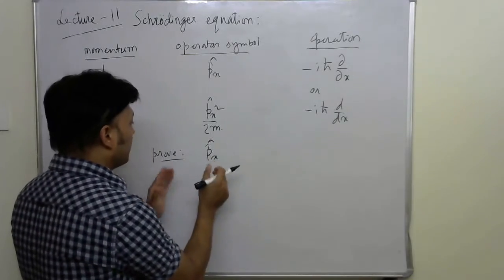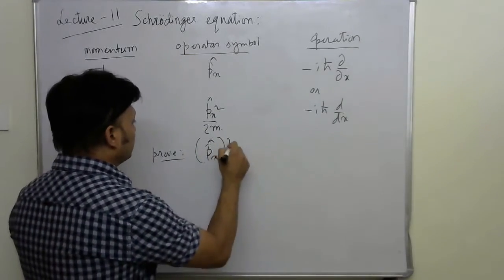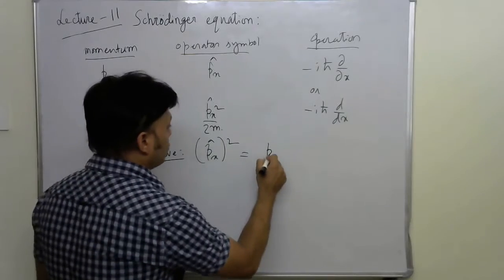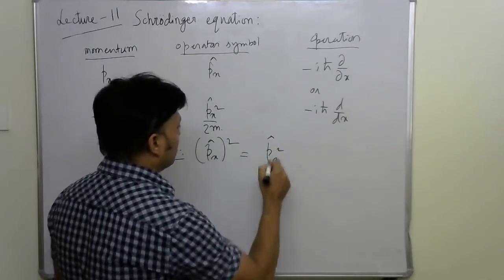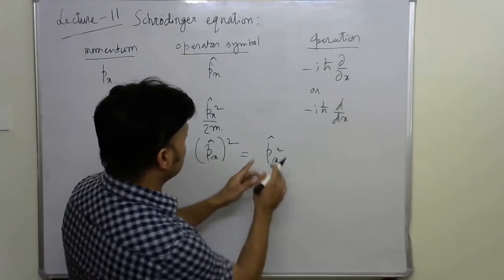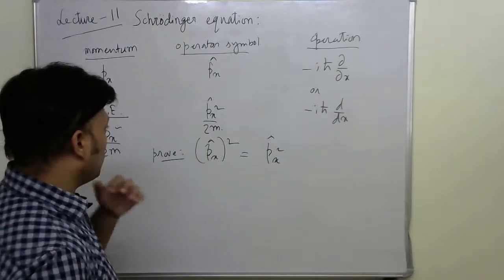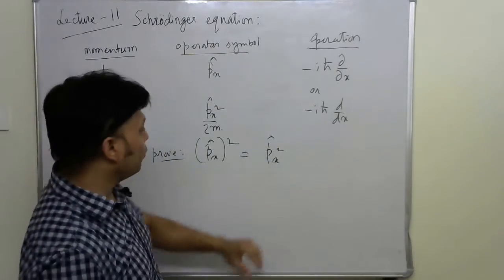So I want to prove that this whole square is actually nothing but the px squared operator. All right, so how can we prove that?